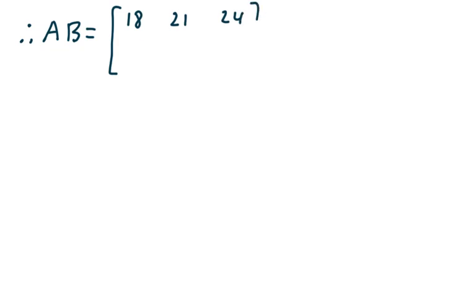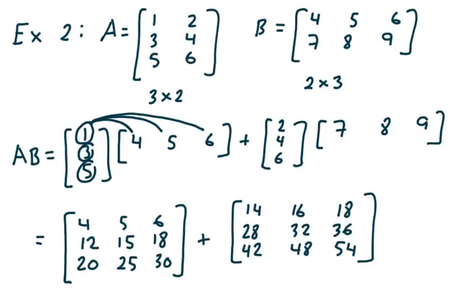That's the first row. Let's do the second row. 12 plus 28 is 40. 15 plus 32 is 47, right? So it's 40, 47, and then 54.